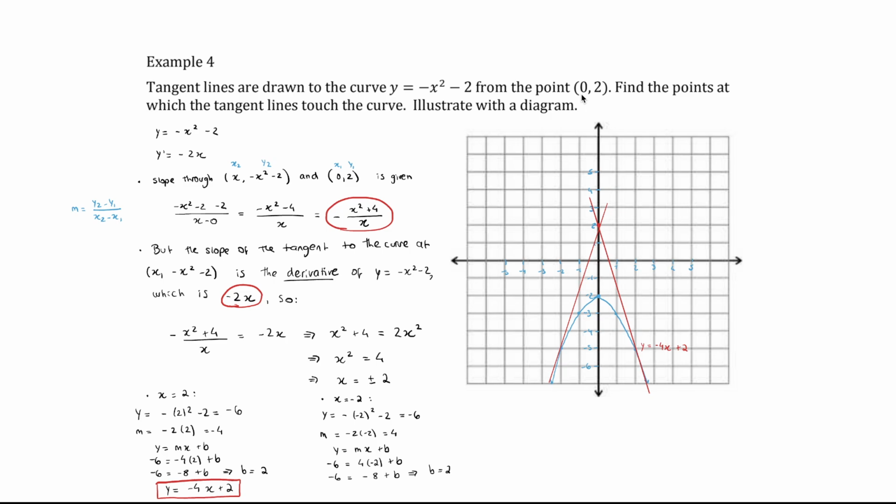And then finally putting it all together, y is equal to 4x plus 2. And this is the second equation of the tangent line, the other tangent line, which is the tangent line that we see here on the left. Y is equal to 4x plus 2.